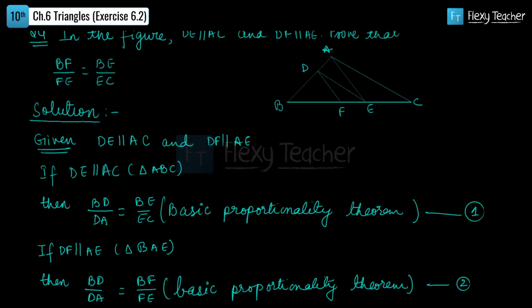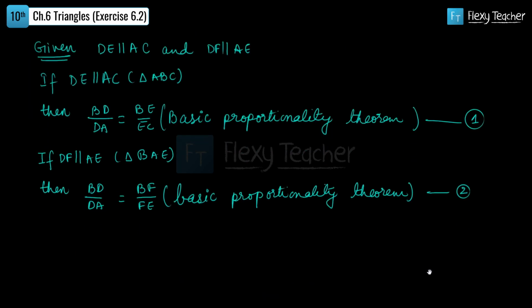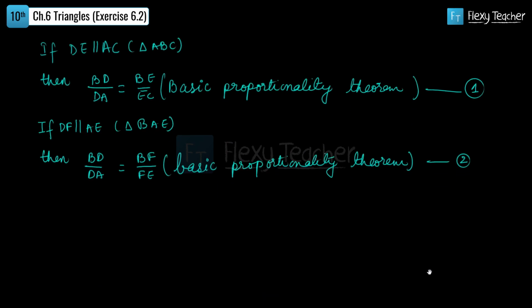Okay. Now both the ratios are found. Let us see how does it help us to solve the problem. जो हमें prove करना है वो कैसे help करते हैं. हमको prove करना है BF upon FE is equal to BE upon EC. Okay. Now if you see both the ratios closely, you will find that BD upon DA is common to both.